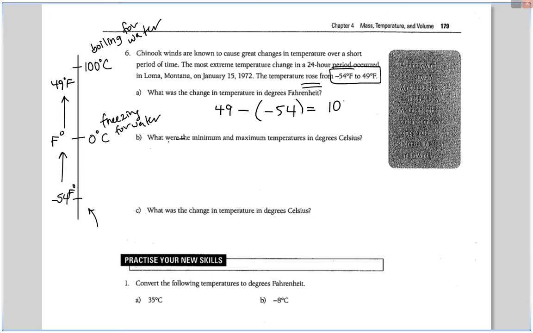So it was 103 degrees Fahrenheit change, right? It had to go roughly 50 to 0 and another 50 to the temperature, so it's about 100, okay? We always use subtraction to find out the difference between something. And guys, it's okay to subtract negatives if they're negative, right? If one of them is negative, so it's okay to do that.